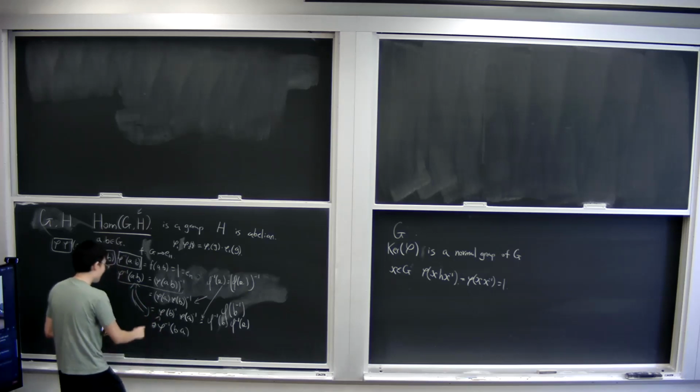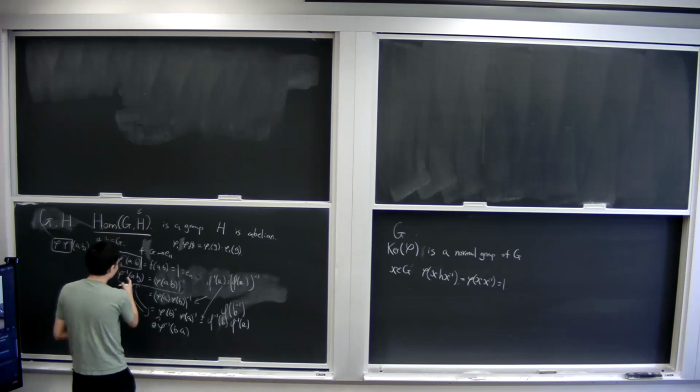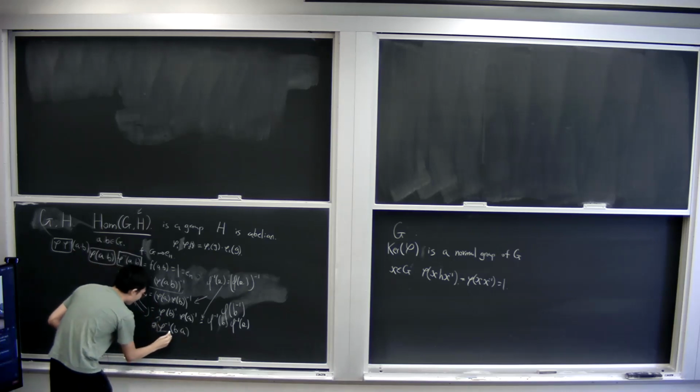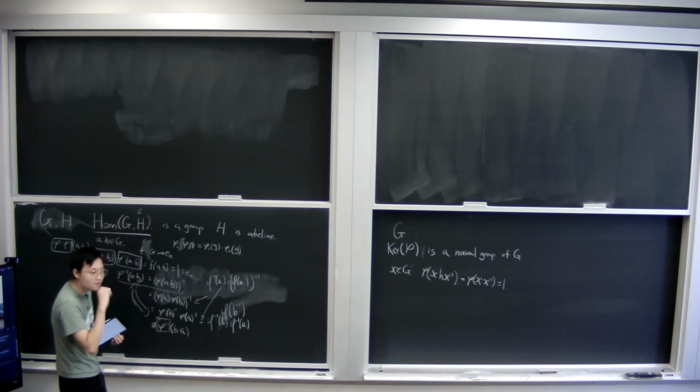So my argument is that if A times B is not equal to B times A, then this thing might not be a homomorphism. Well, to define the group operation, you don't have to worry about that.